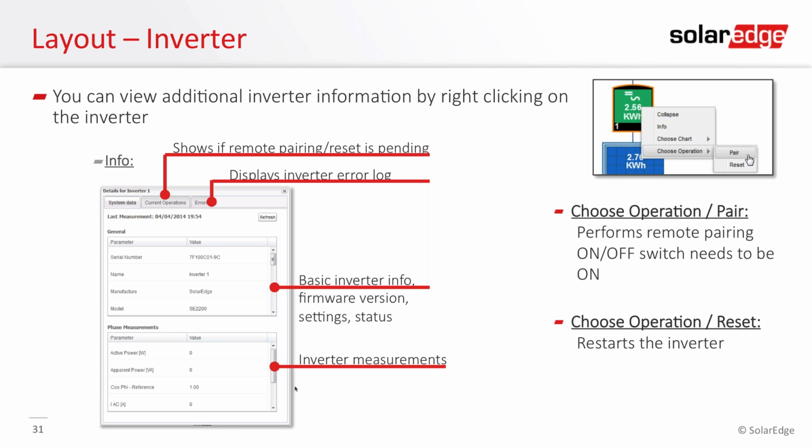Oftentimes, if you do a remote repairing, it's going to find the straggler optimizer that you didn't pick up the first time, and it saved you money on a truck roll. If for some reason you need to reboot your inverter, you can click on the reset button, and it will in fact restart your inverter.